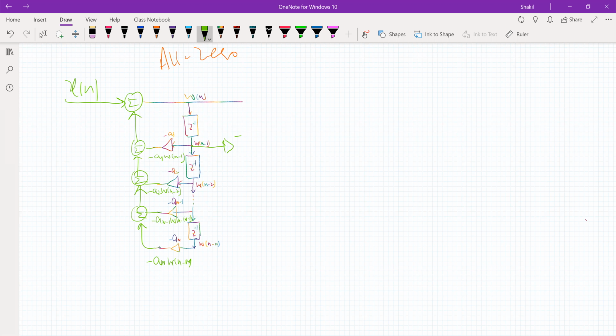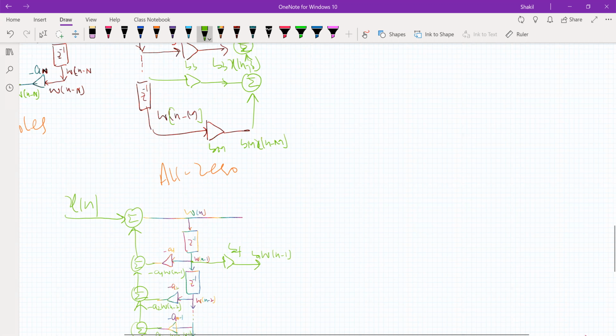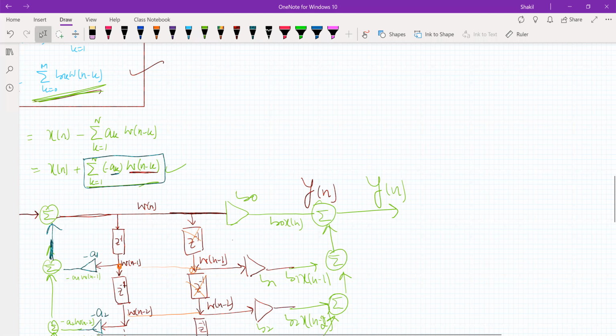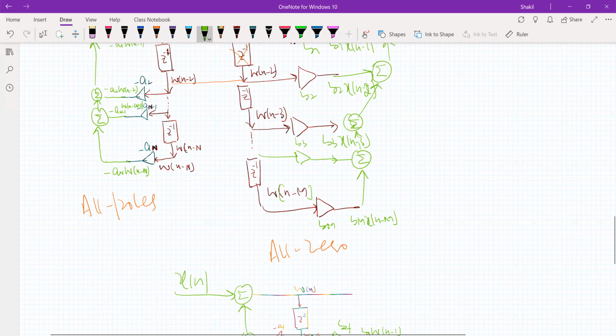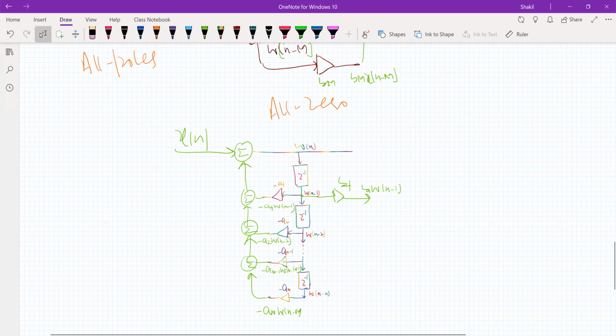So this is b1, so this will be b1 Wn minus 1 that we need in the second part, in realizing the second equation, right? And this is passed through b0, and this is passed through b2, and so on. And let's suppose this is our bm.